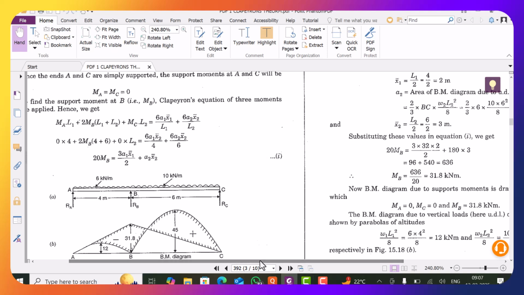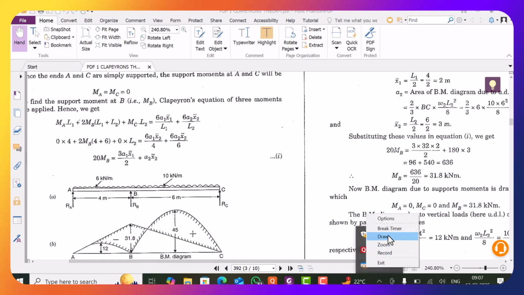Now if you look at this equation, L1 is known to you, which is 4 meters. L2 is also known to you, the length of span 2, which is 6 meters. L1 is known, L2 is known. You have just now calculated the area A1.